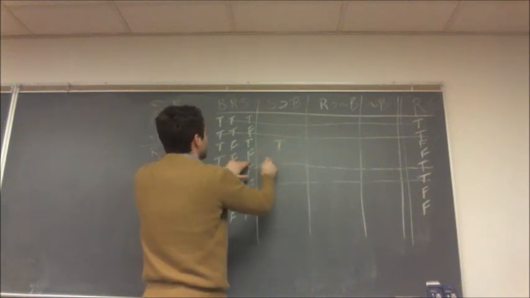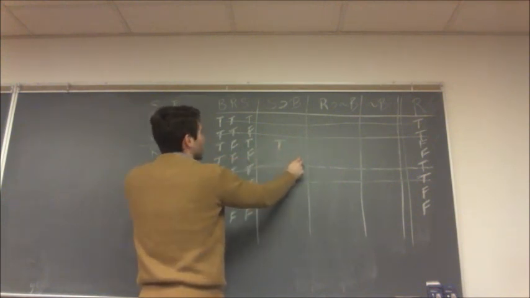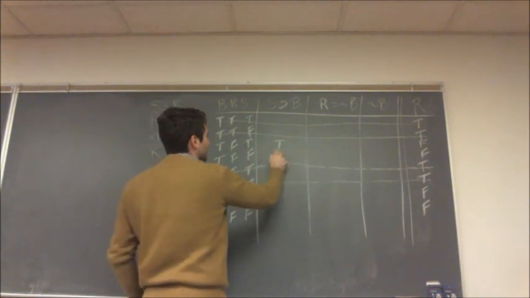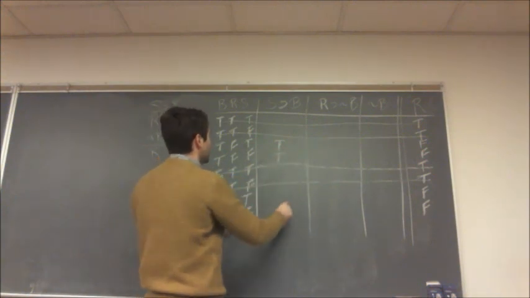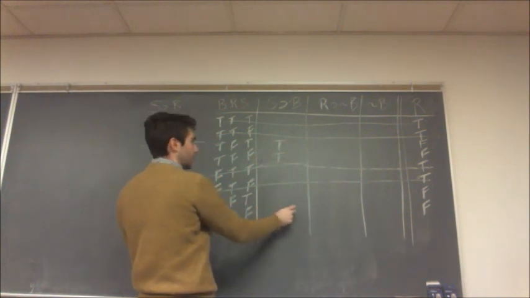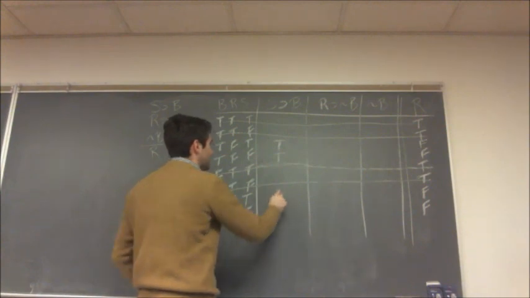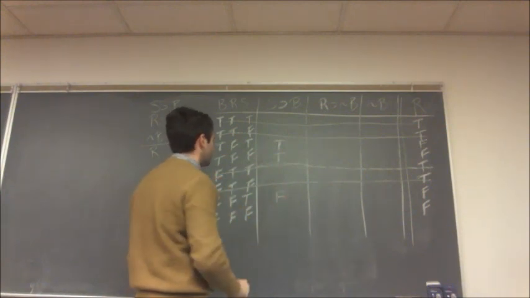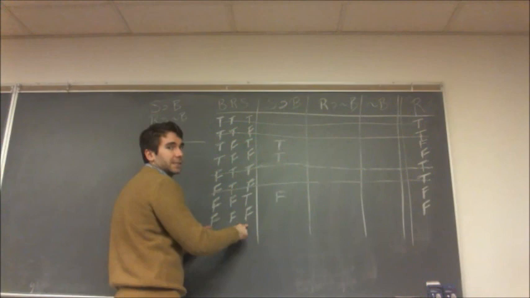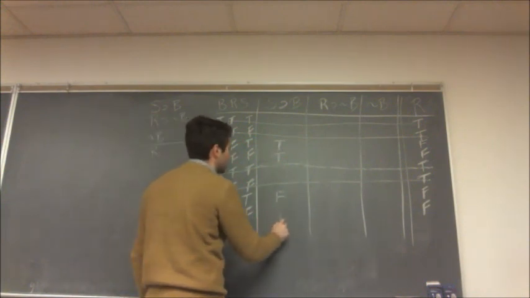In this case, the antecedent is false, the consequent is true, so the whole thing is true. Down here, we have a true antecedent and a false consequent, so this is the one case where this is false. And then we have false antecedent, false consequent, true.